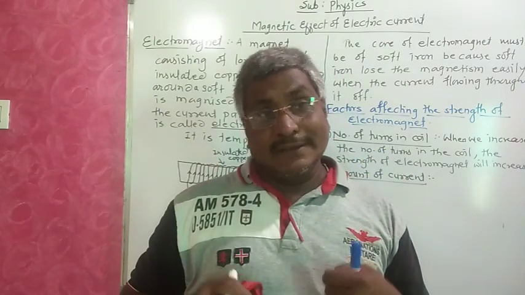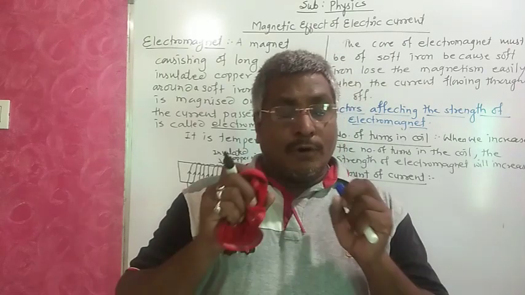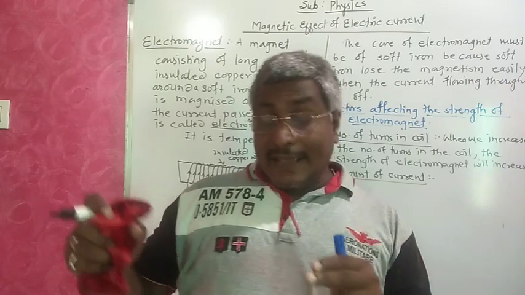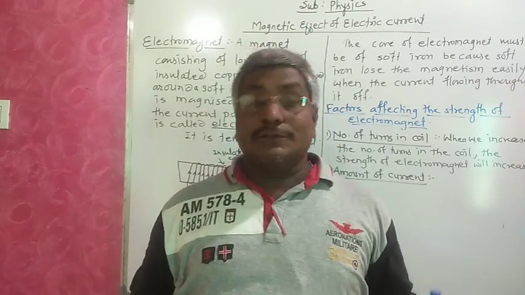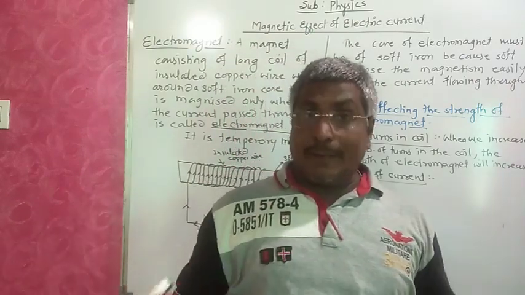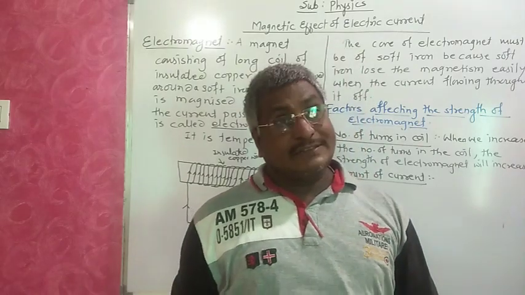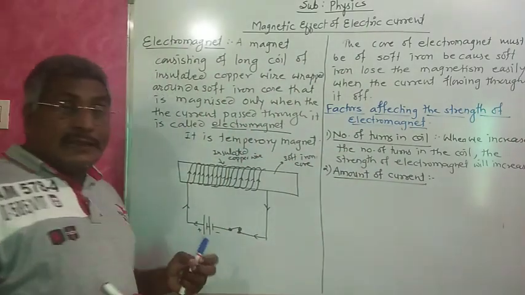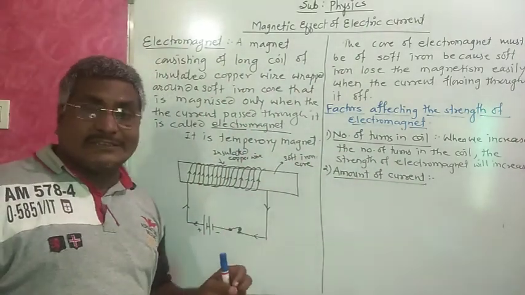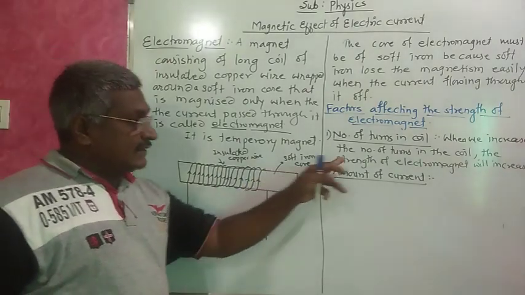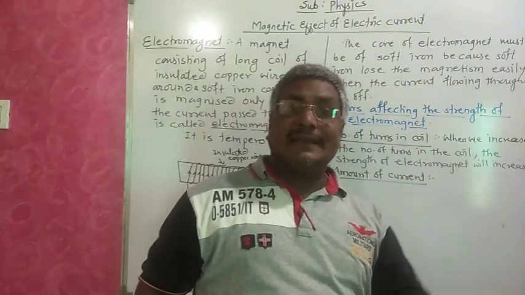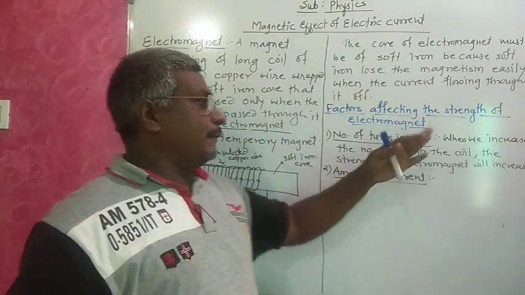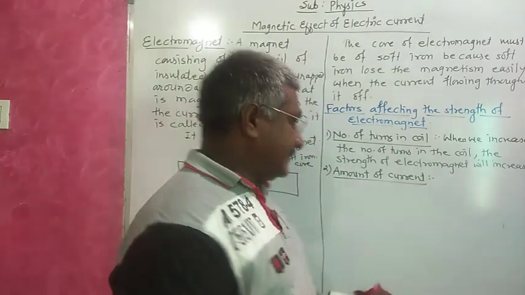But 2 students face difficulty lifting the table. In the same way here, if less current flows in the circuit, the strength of the electromagnet is less. If we increase the current, the strength of the electromagnet will also increase.